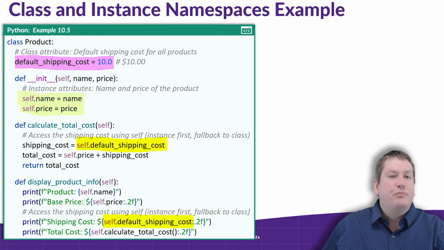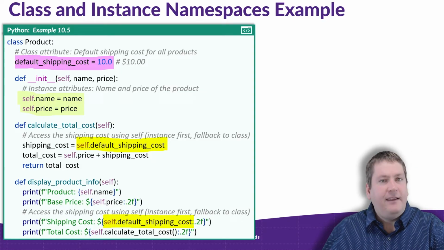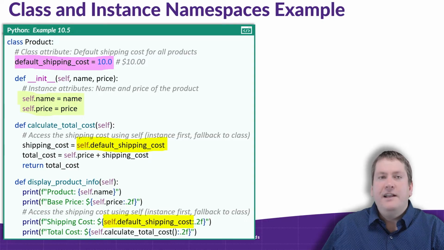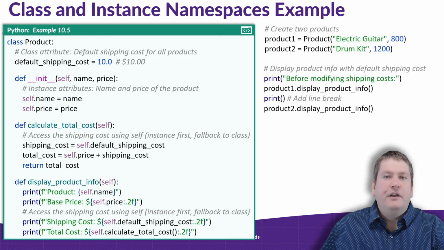And this is basically just printing out all the different attributes of the class, both the name, price, the shipping cost, and the total. And the way we are looking up, again, the default shipping cost is through the self keyword. So once again, it's going to check the instance namespace, not find it, and then it's going to fall back on the class namespace. So let's take a look at an example of using this class.